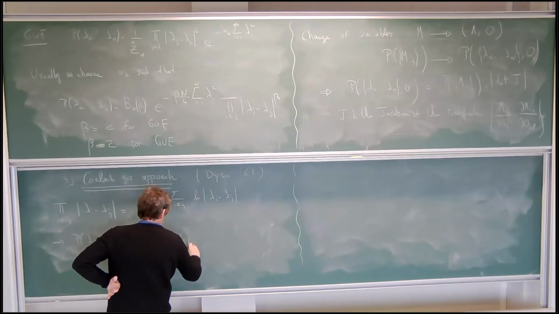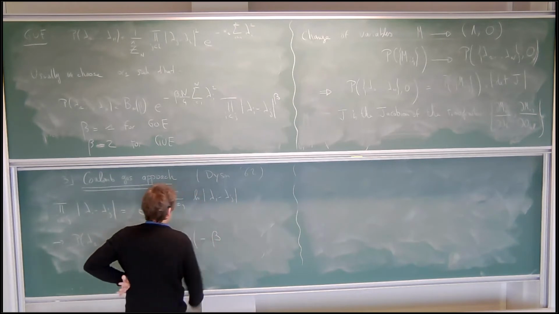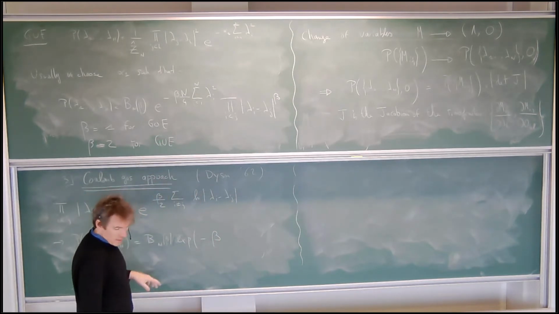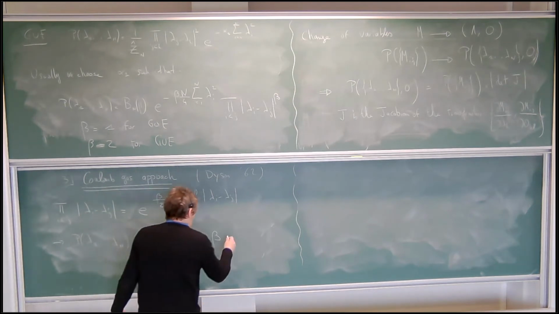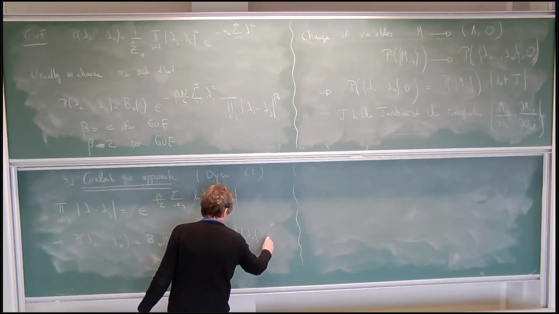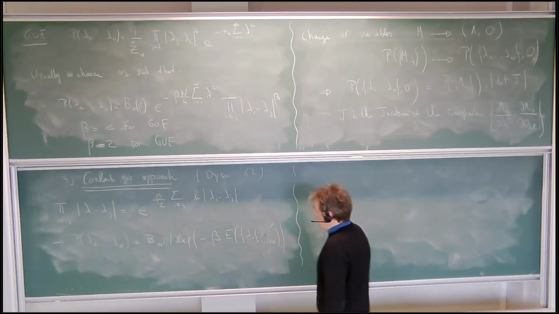But then I can write the things like this as exponential of minus beta. So I have my beta in factor of every one here times some energy functional, which depends on the lambda i's. Okay. Now, what is E?